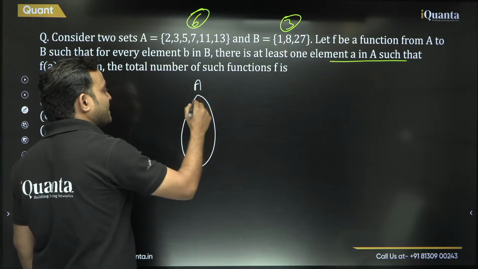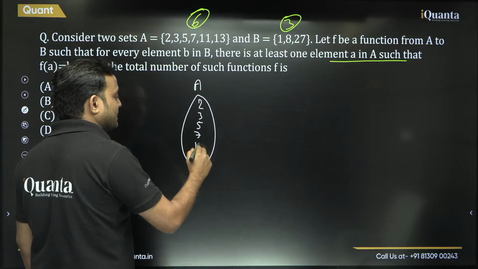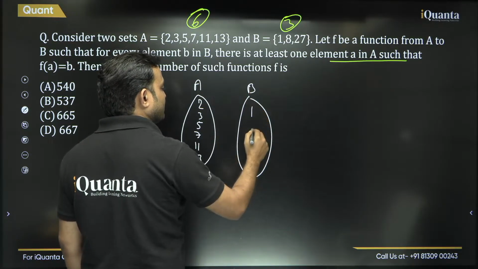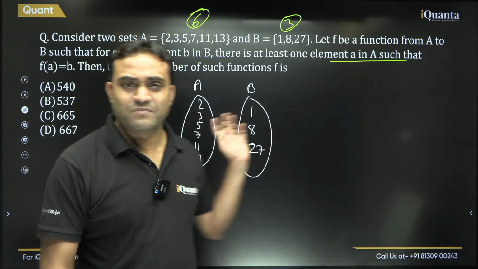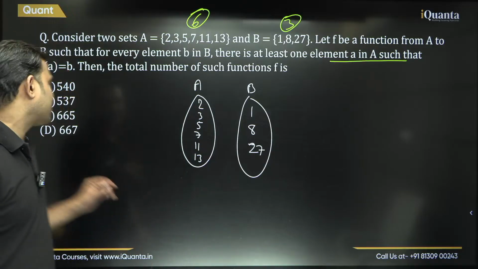We have set A where we have 2, 3, 5, 7, 11 and 13. There is another set B where we have 1, 8 and 27. What are these numbers? It doesn't matter much, कौन से नंबर है ये, इससे बहुत ज़्यादा फर्क नहीं पड़ता.